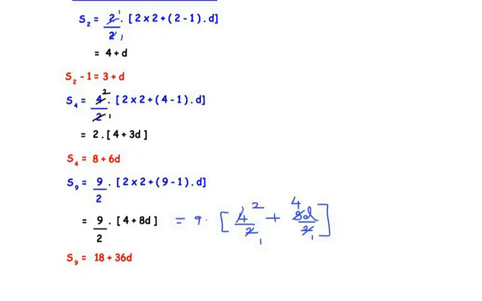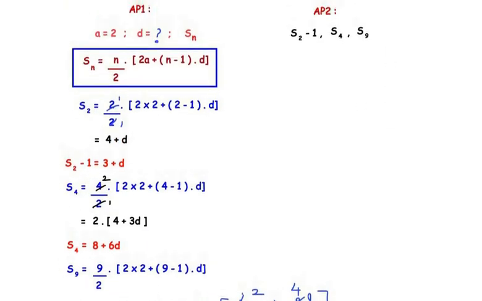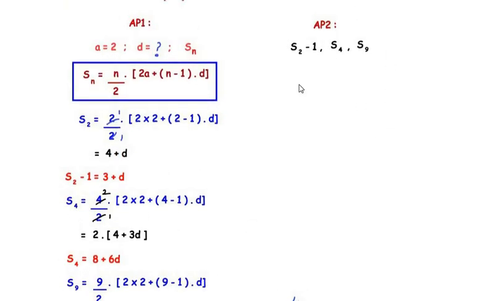Now once we have got these values, let us use the second arithmetic progression. Since these three terms are the first three terms of the second arithmetic progression, they will have a common difference, that is the difference of the second term minus the first term will be equal to the difference of the third term minus the second term.